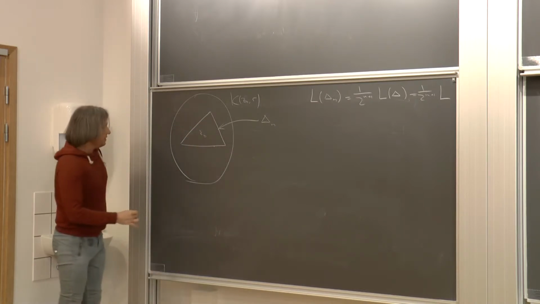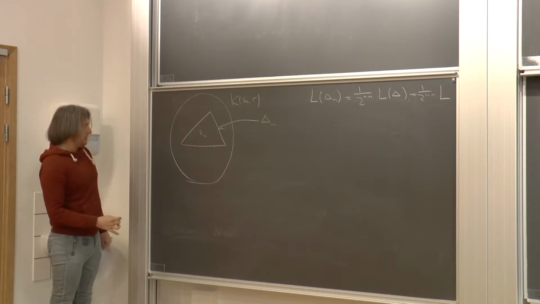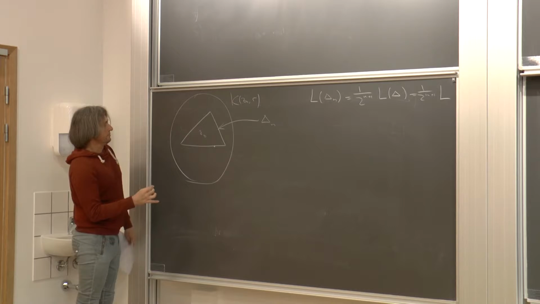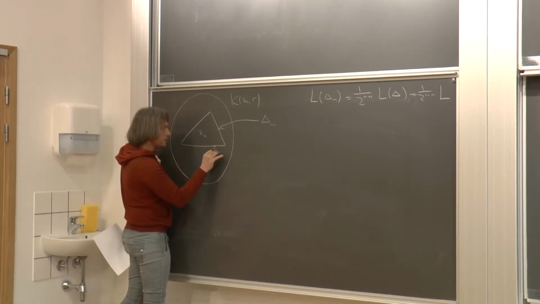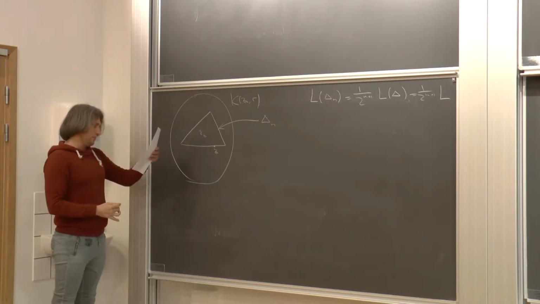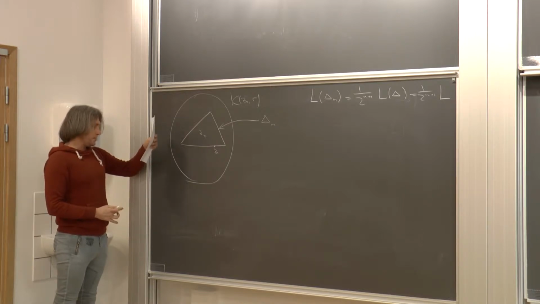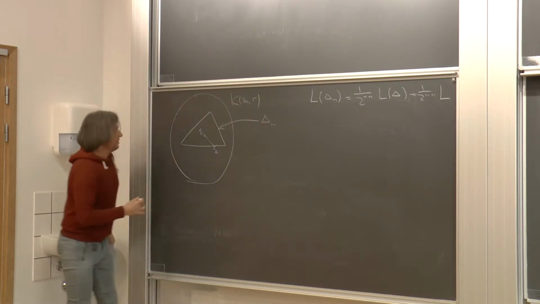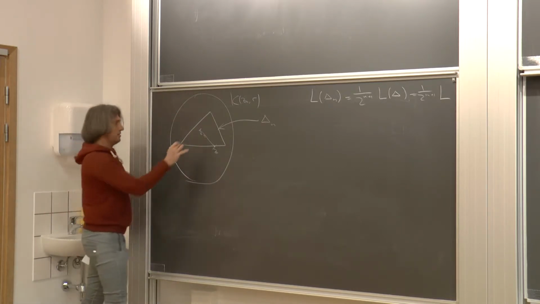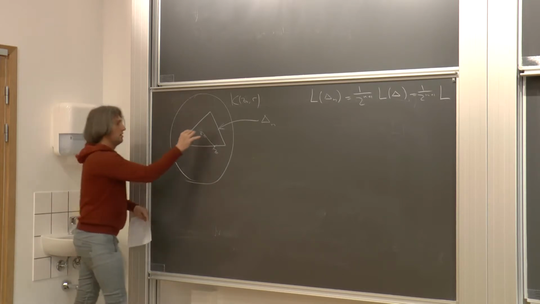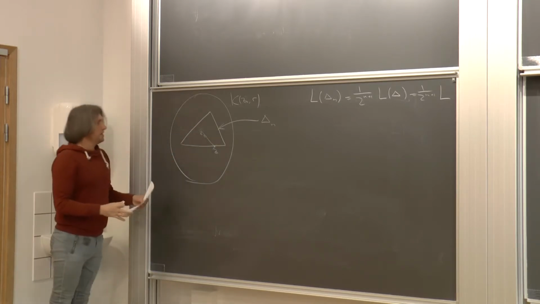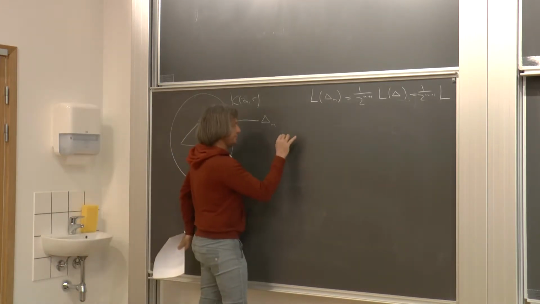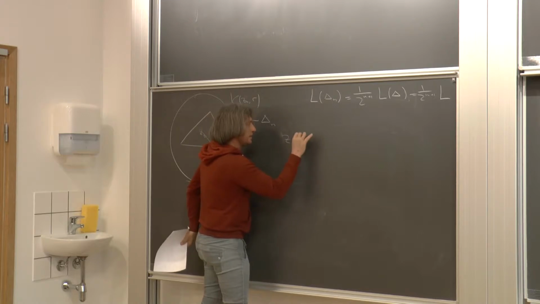Now, if we look at a point here, so this is our z. After all, we'll be integrating. So we are interested in this distance, and so for any point z on the side, we can estimate this distance.